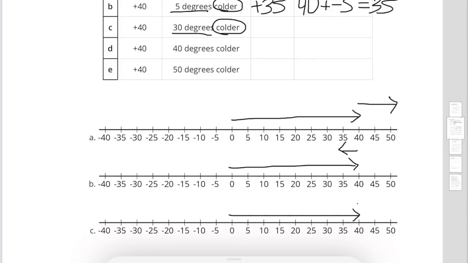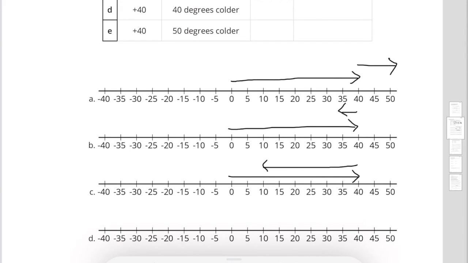So 30 degrees to the left. So 5, 10, 15, 20, 25, 30. And I end up at positive 10. So my addition equation would be 40 plus negative 30 equals 10.